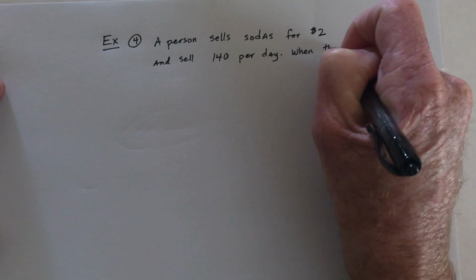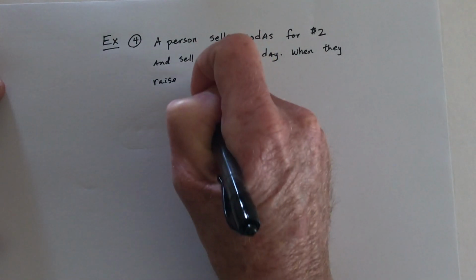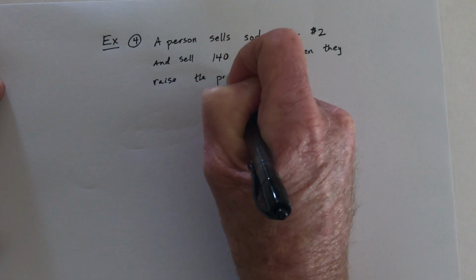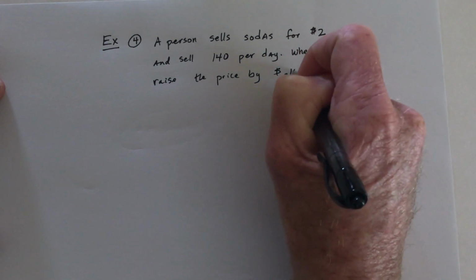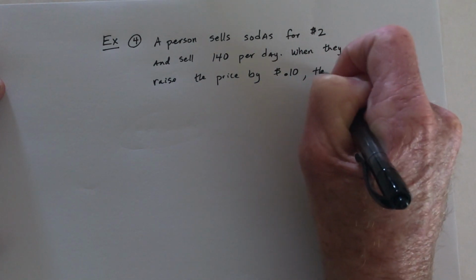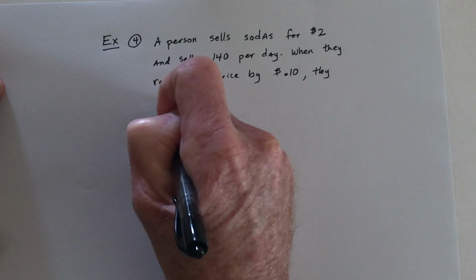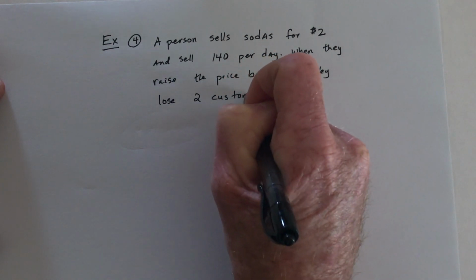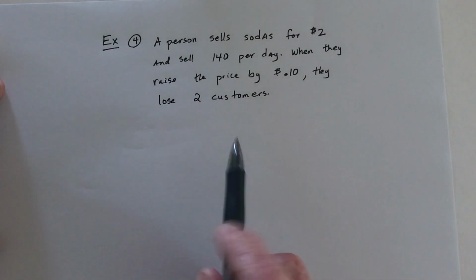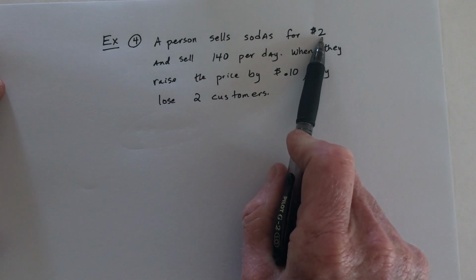When that person raises the price by 10 cents, then on average, they lose 2 customers. So in other words, they bump it up to $2.10.